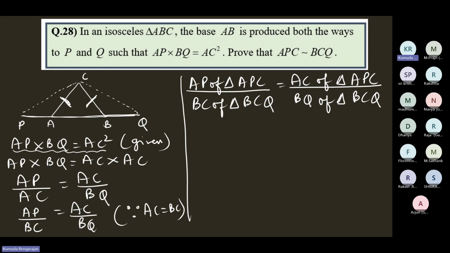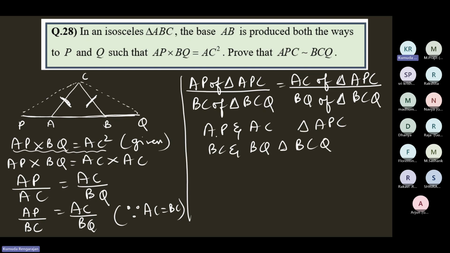One triangle is APC. The sides of that triangle are AP and AC. BC and BQ are the sides of the triangle BCQ.